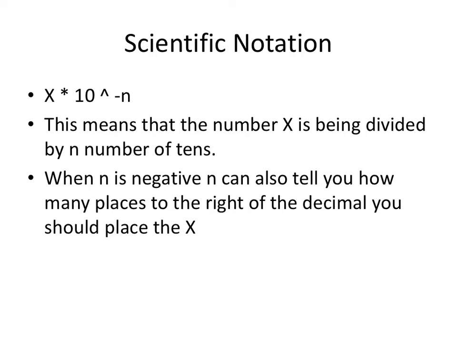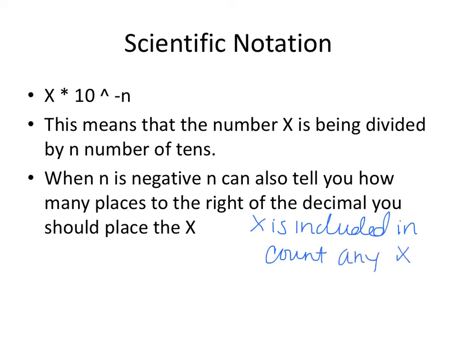A negative exponent tells you how many places to the right of the decimal you should place x, which means that x is included in the count, at least any x in front of the decimal.